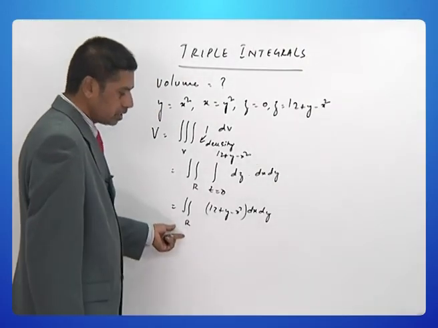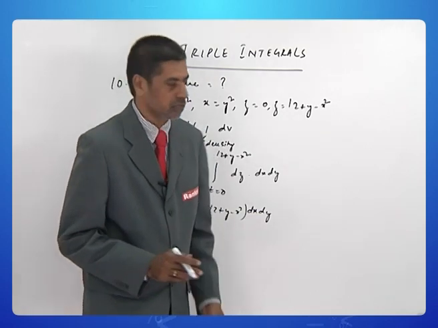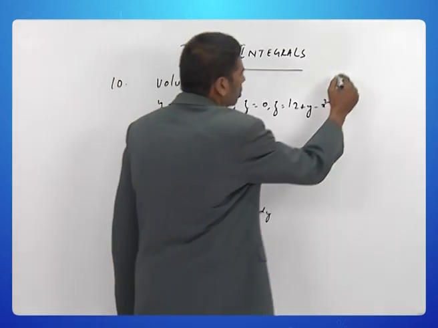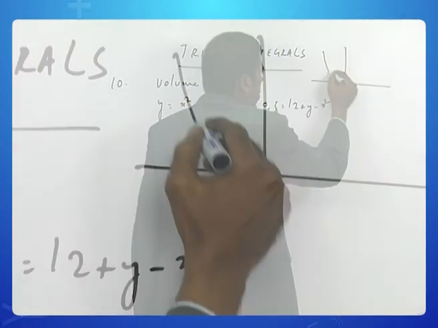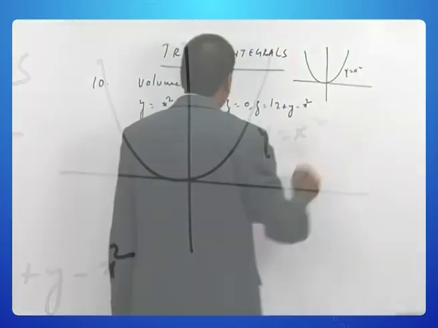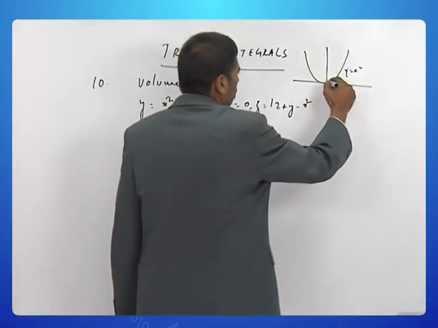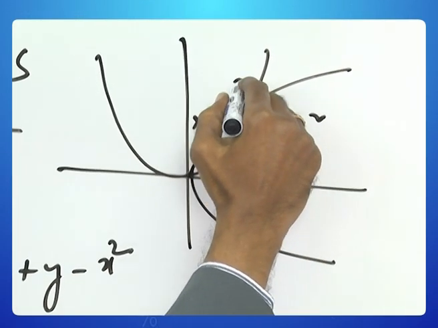Now this R is the region in the xy plane. So let us try to draw this region. This is y is equal to x squared, and this is x is equal to y squared.